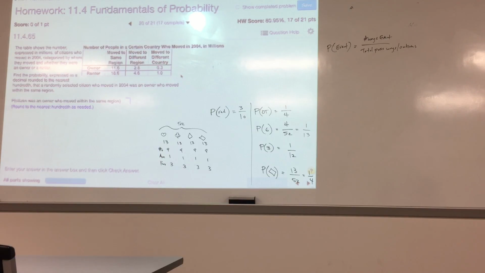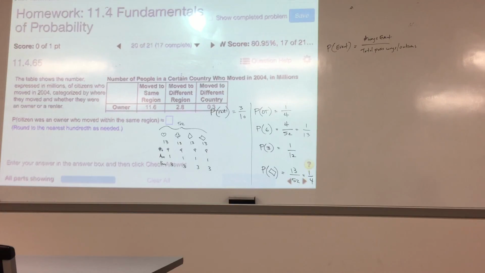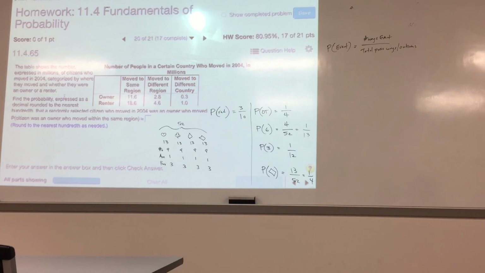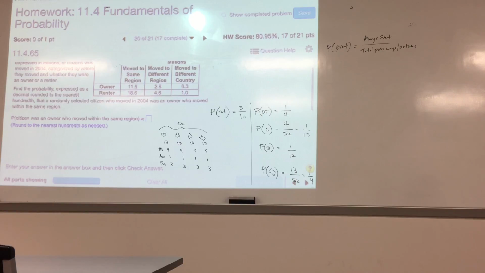All right, let's take a look at this next one. Okay, so the table shows the number expressed in millions of citizens who moved in 2004, categorized by where they moved and whether they were an owner or a renter, okay? Find the probability expressed as a decimal rounded to the nearest hundredth that a randomly selected citizen who moved in 2004 was an owner who moved within the same region.